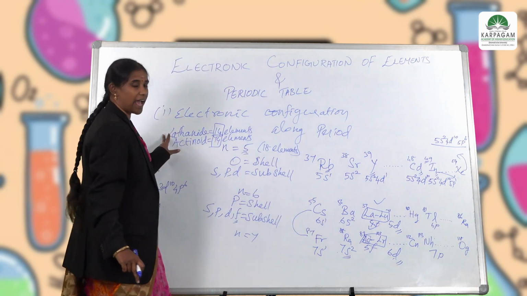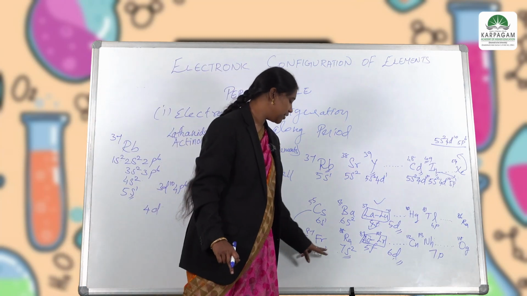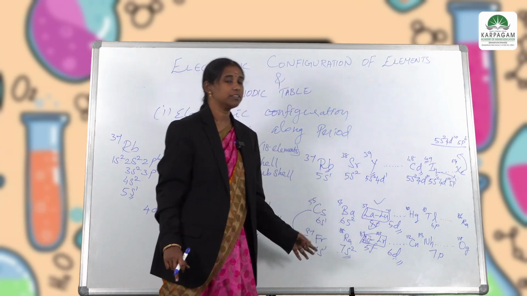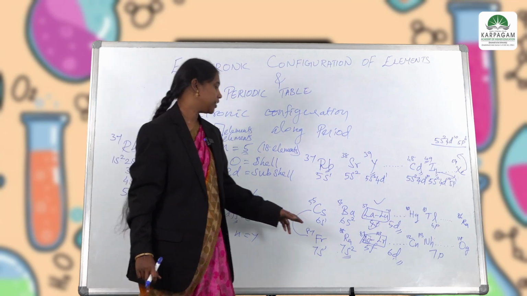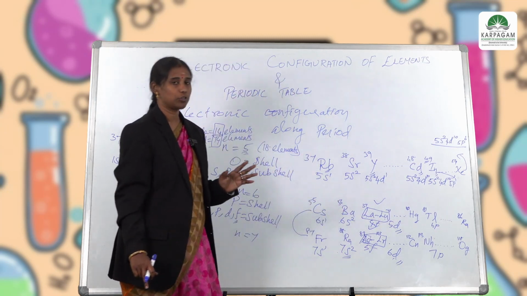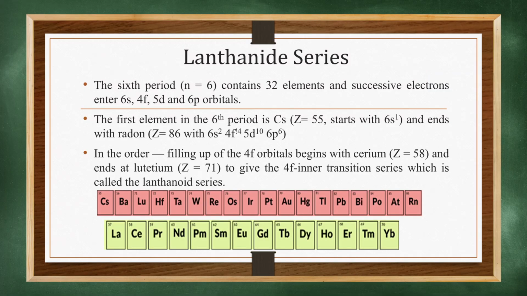In the 6th period these 14 elements are represented in one box under the name lanthanide, and in the 7th period these 14 elements also have the same properties, so they are also represented in one box, called the actinide or actinoid series.